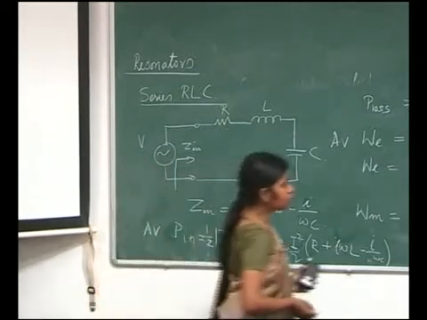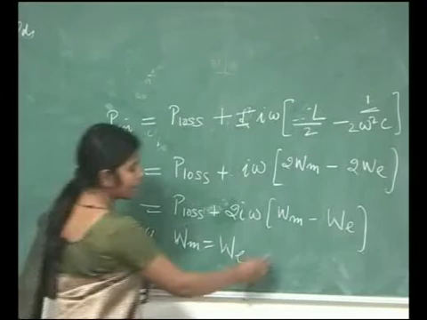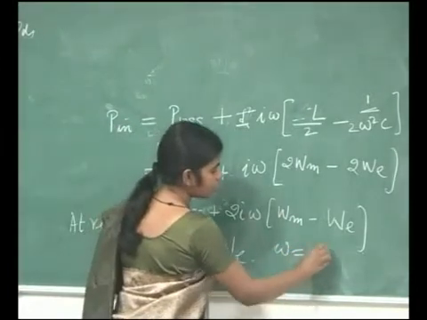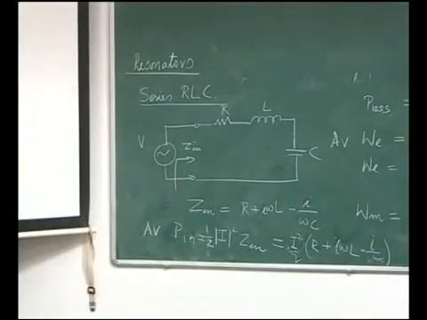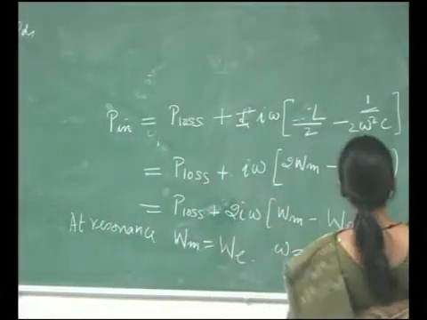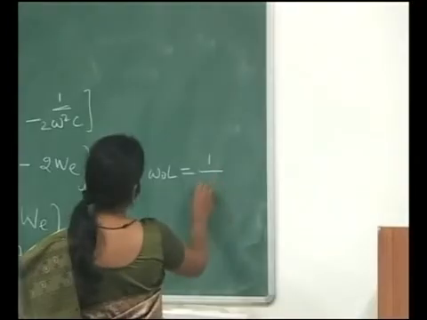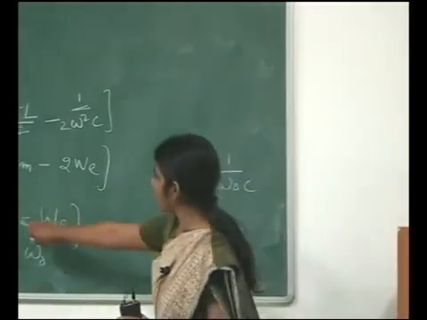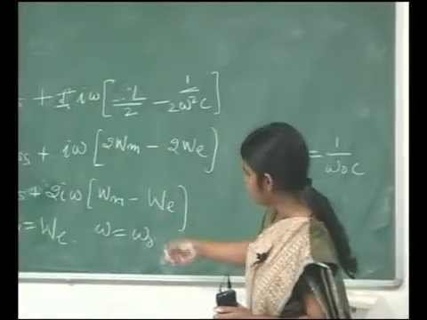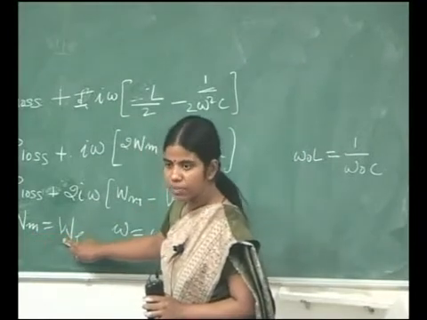Okay. So it means at resonance I have Wm is equal to We, and I would say that at resonance omega is equal to omega naught. Okay. So from this condition I can say that omega 0 L is equal to 1 upon omega 0 C by equating Wm and We, because resonance would occur when electrical energy is equal to the magnetic energy.